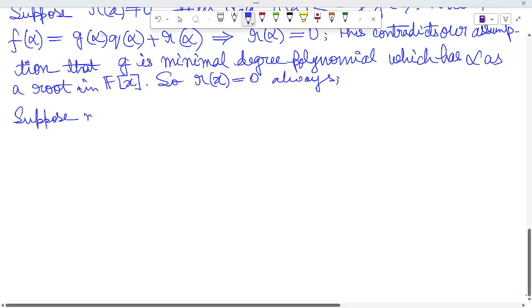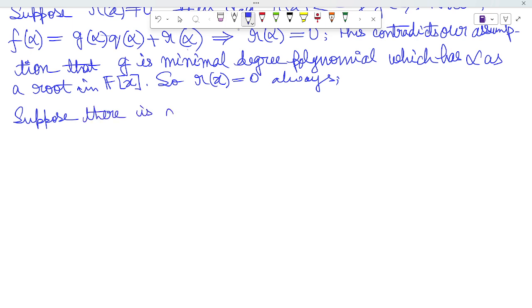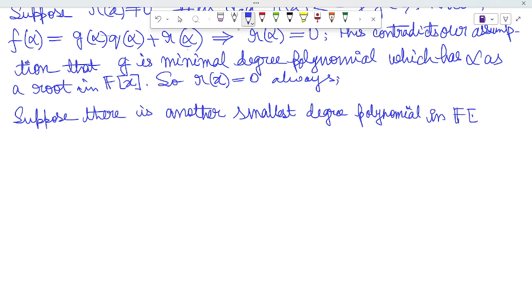Suppose there is another smallest degree polynomial in F[x].